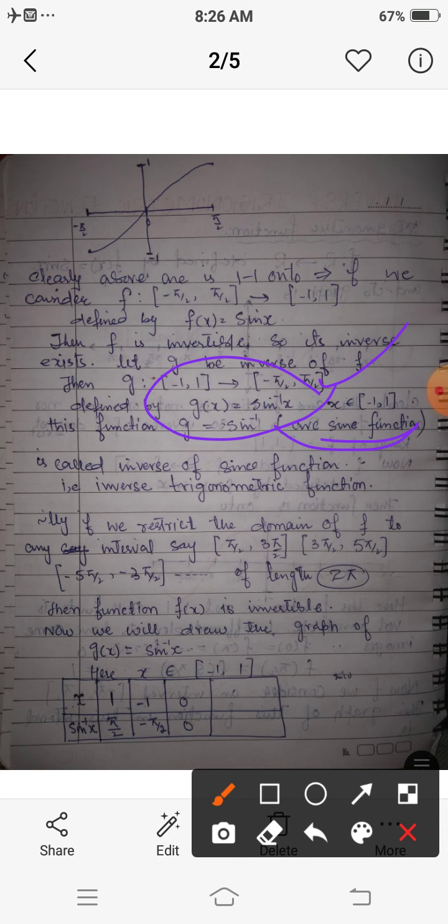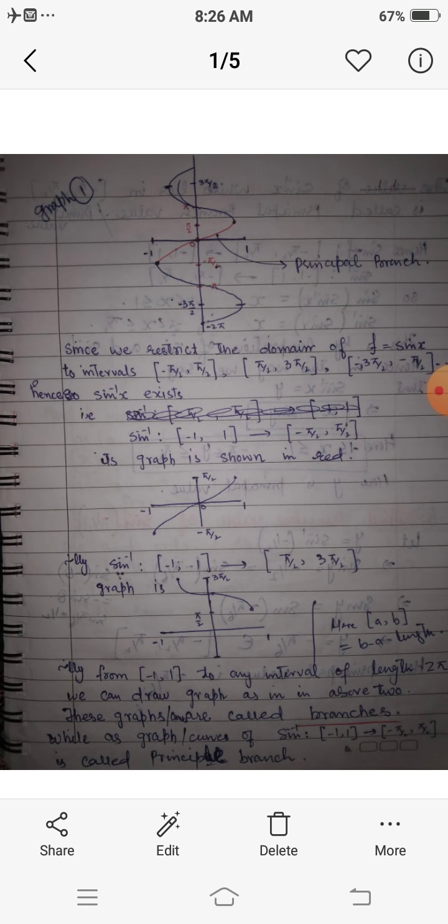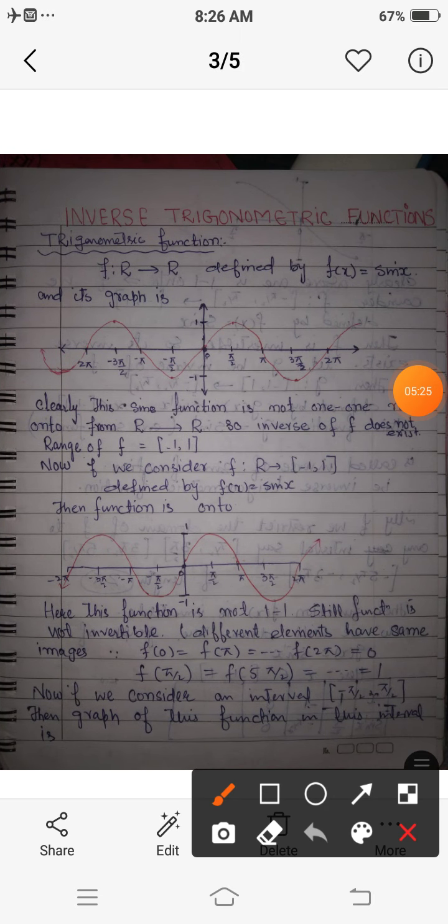Similarly, we can restrict the domain to any interval, like from pi by 2 to 3 pi by 2, or we can restrict the domain from minus 3 pi by 2 to minus pi by 2.